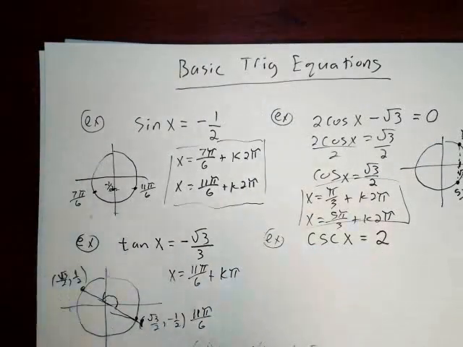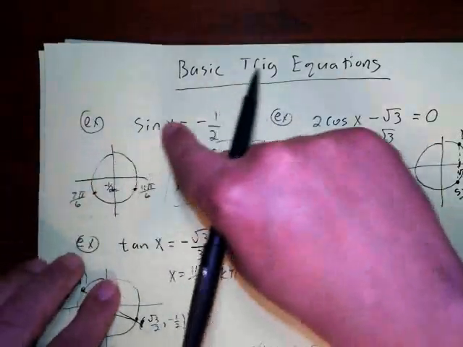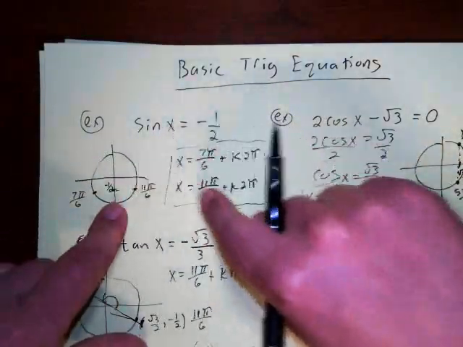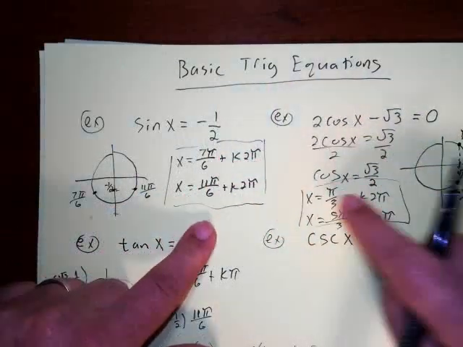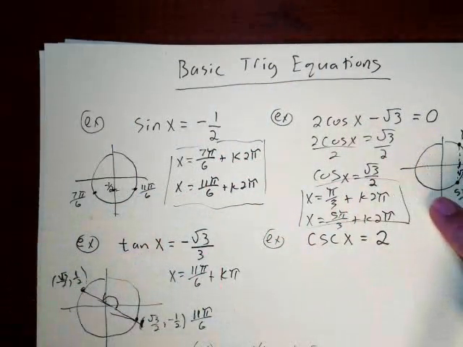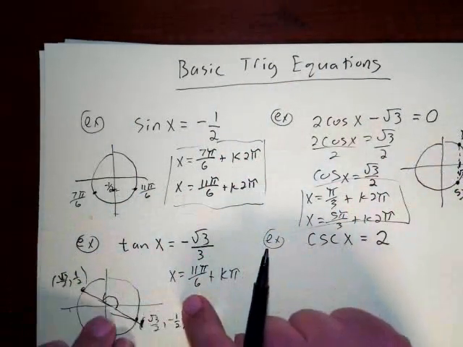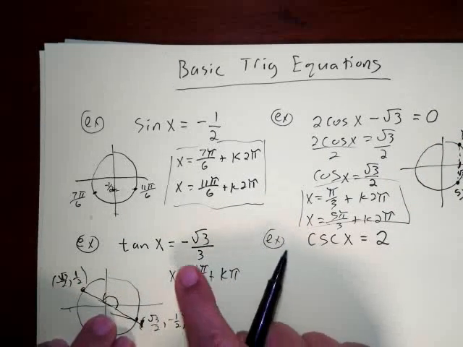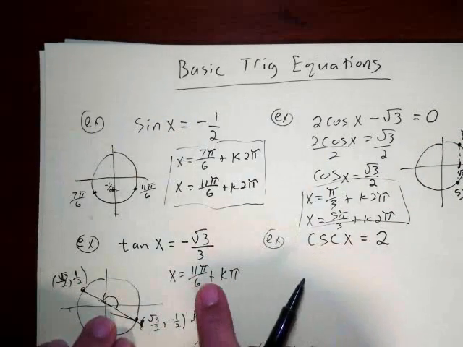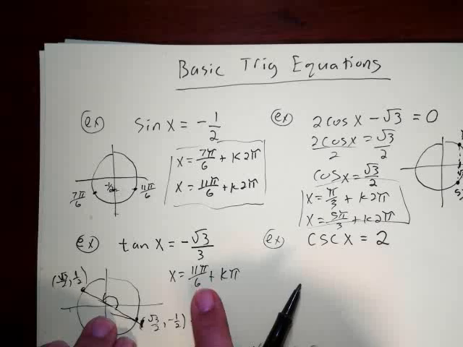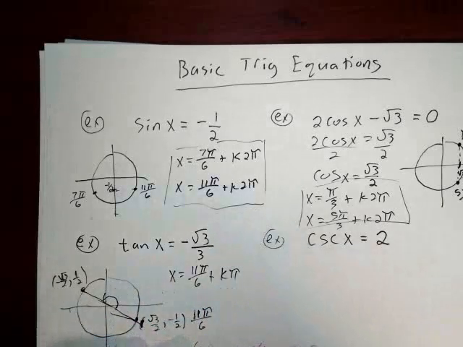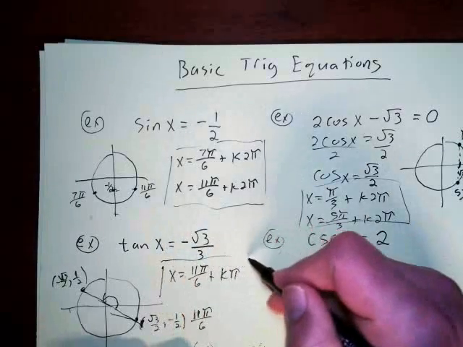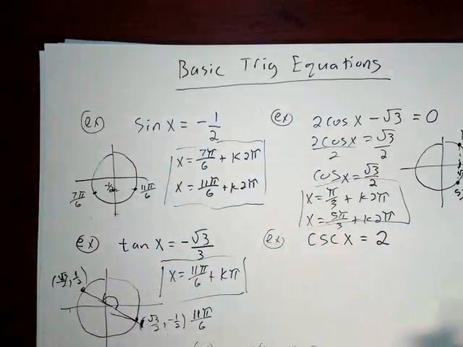So within one cycle, from 0 to 2 pi, there's two solutions, and so you've got to list both of them and all their rotations. But within one period of tangent, there's only one solution, and so you can just take the one solution and then add the multiples, not of 2 pi, but of pi. Right? And then you get all of the solutions.